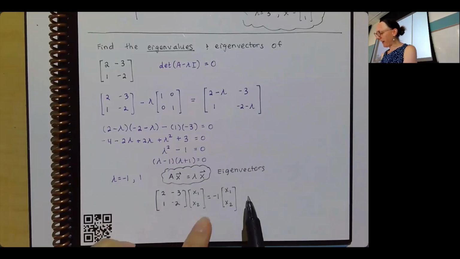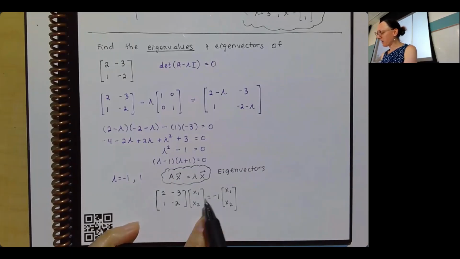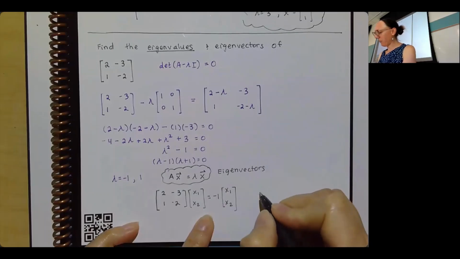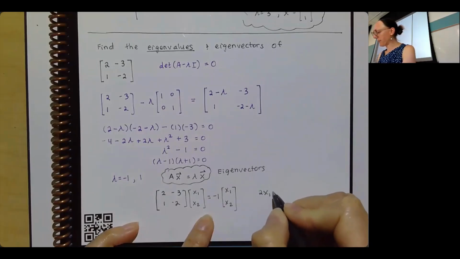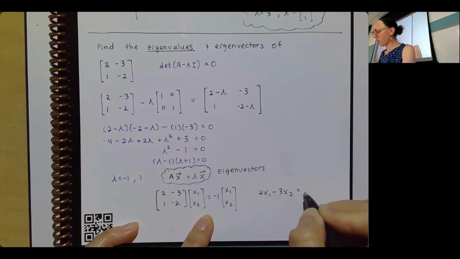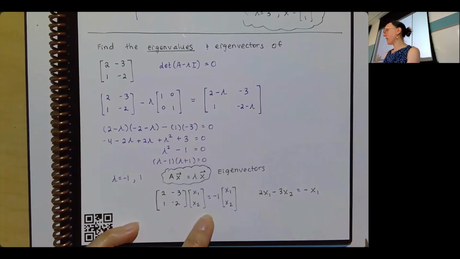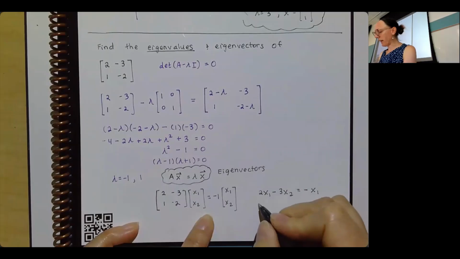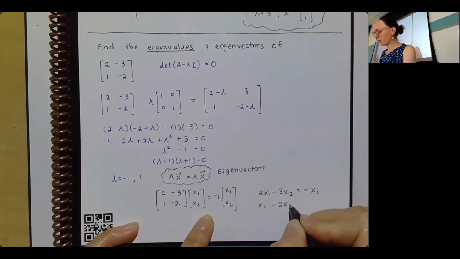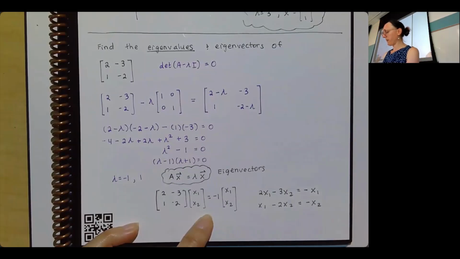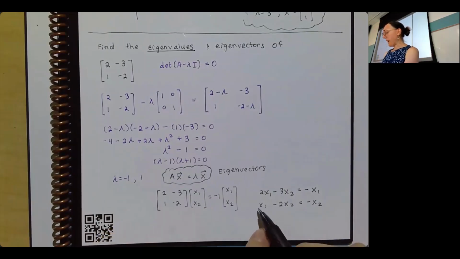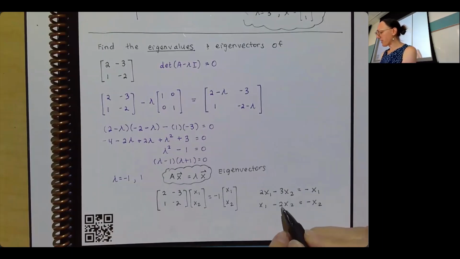So I'm going to go ahead and do this for -1. And I'm going to get 2x1 minus 3x2 is equal to -x1 for that top equation. And my bottom equation would look like x1 minus 2x2 is equal to -x2. So if I take that bottom equation and I just add 2x2 to both sides, I'm going to get x1 is equal to x2.